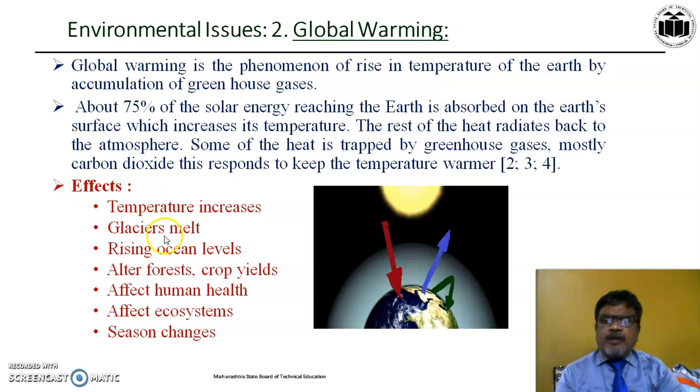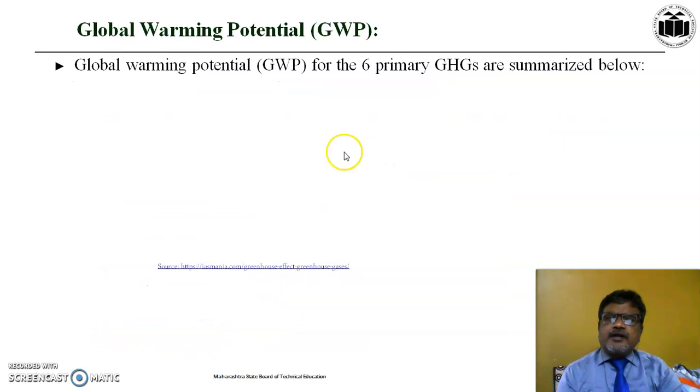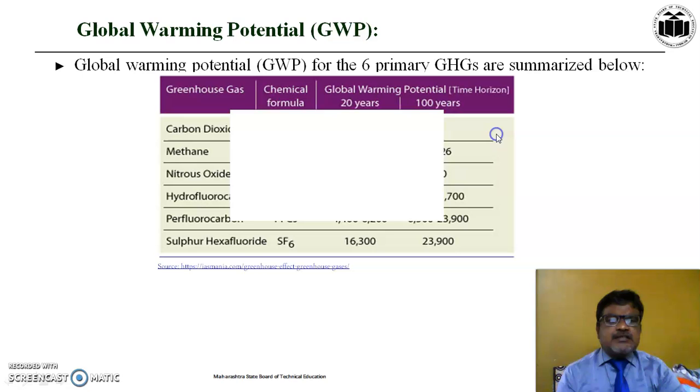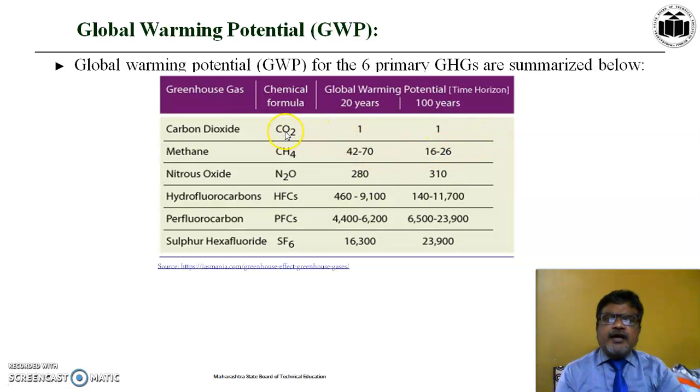The effects of global warming are increase in temperature, melting of glaciers, rising ocean level, altered forest and crop yield, effects on human health, effects on ecosystems, and seasonal changes. The global warming potential for the 6 primary greenhouse gases is summarized below. Here are carbon dioxide, methane, nitrous oxide, hydrofluorocarbon, perfluorocarbon, and sulfur hexafluoride.